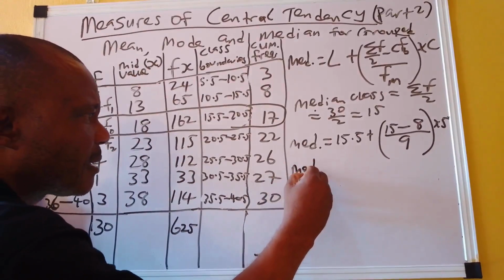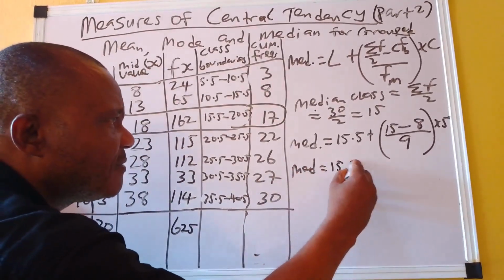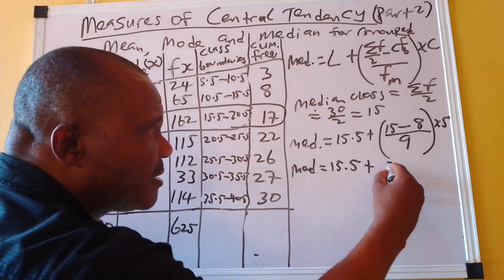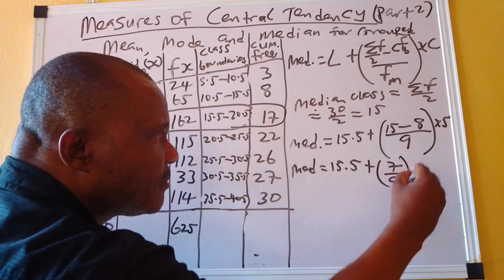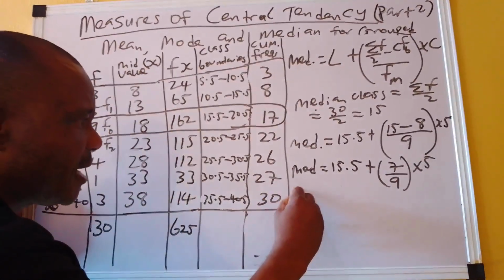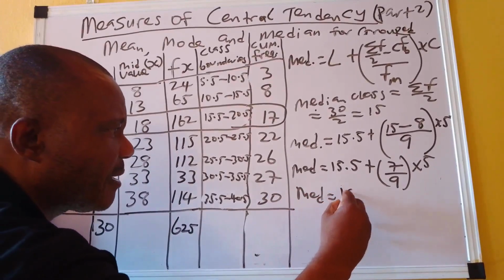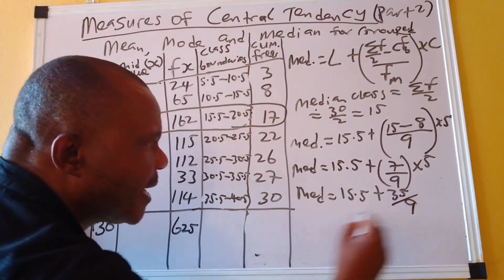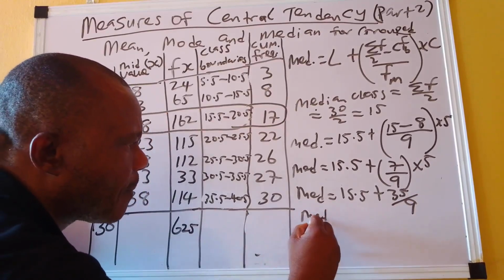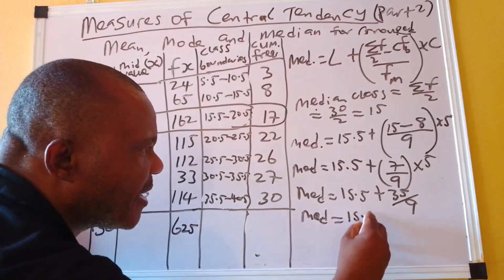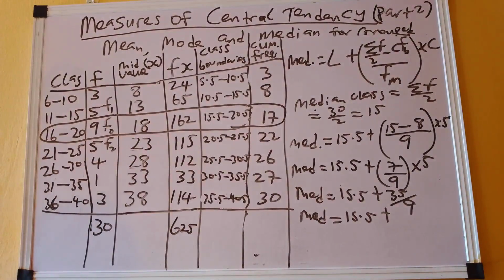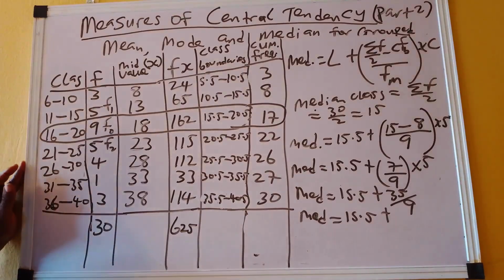So our median is equal to 15.5 plus 15 minus 8 is 7, 7 all over 9 times 5. So our median will now be equal to 15.5 plus 7 times 5, 35 over 9. So our median is equal to 15.5 plus 35 divided by 9. 35 divided by 9 is 3.89.